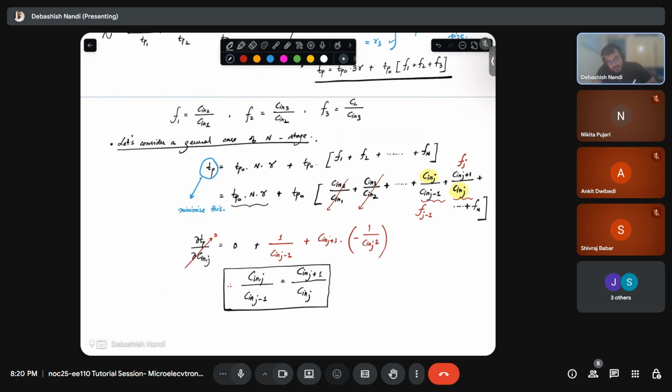That means f of j minus 1 is equal to f of j, and this is true for any quantity.